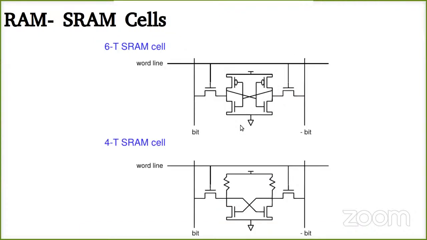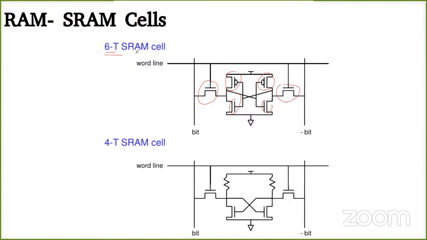If I talk of SRAM, you have a 6 transistor SRAM. You can see there are 6 transistors over here: 1, 2, 3, 4, 5, 6 MOSFETs.